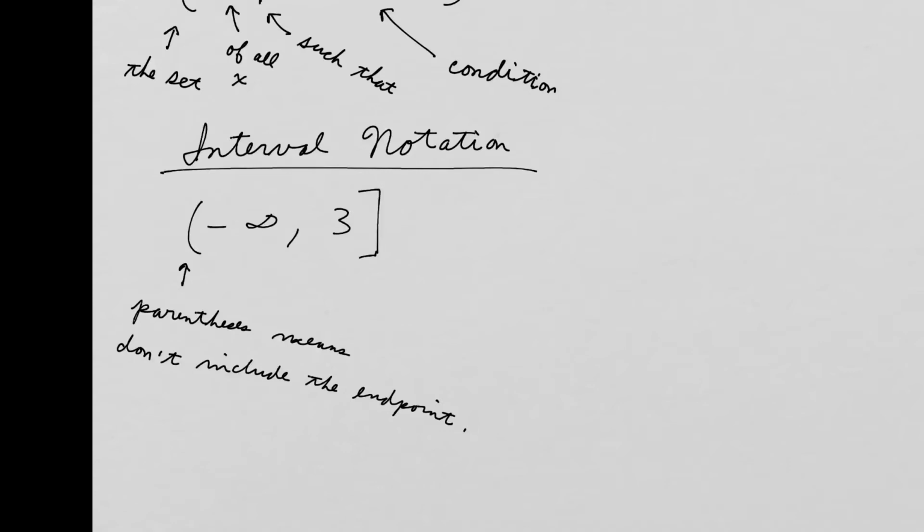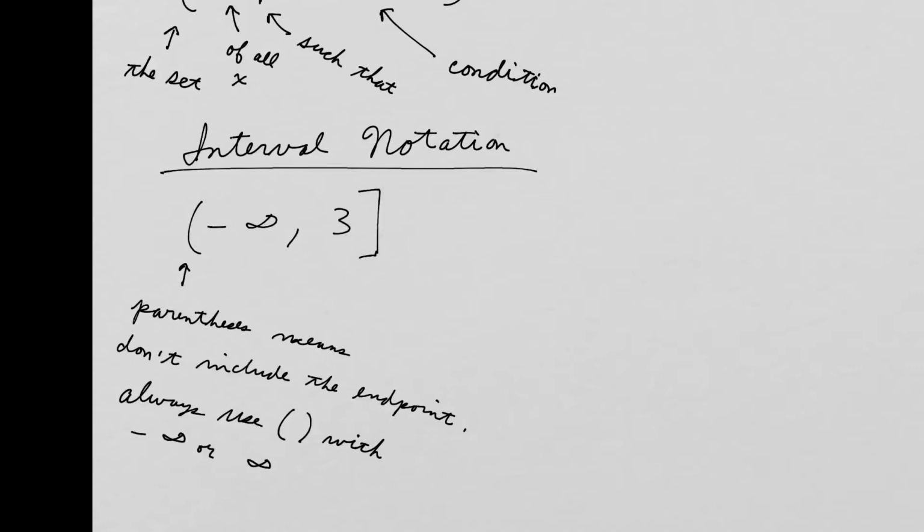They're just telling you that it's growing without bound, either getting very, very large, or very, very small. It's not an actual number itself. So always use parentheses with negative infinity or positive infinity.